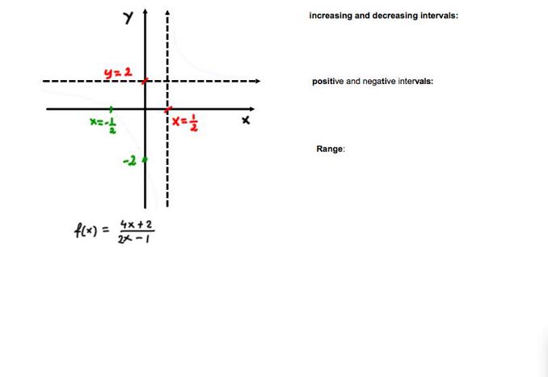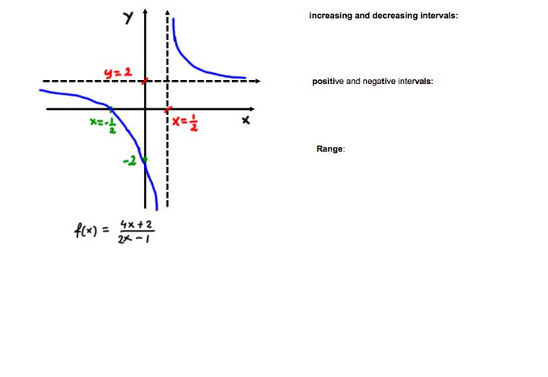Okay, so the horizontal asymptote is at 2. The vertical asymptote is at 1 over 2. The key points are also the x-intercept and y-intercept. So we need to figure out what the possible graph of this function is. What you see here, the two blue curves, would represent it pretty accurately, not very accurately, but good enough to show you that the graph consists of 2 parts.